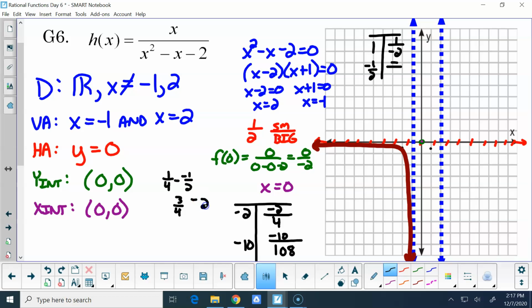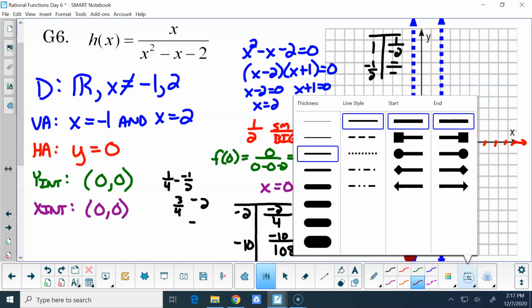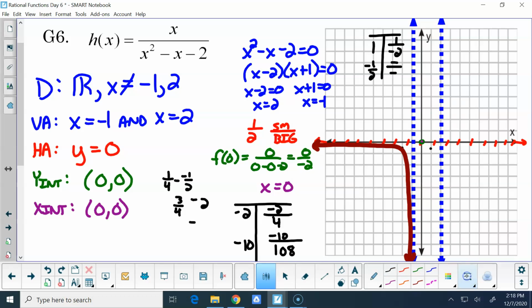Minus 2 is going to be a negative number. So we have negative divided by a negative, so it's going to be positive. So my graph here in the middle zone is going to come down from up here, snake through, and go.